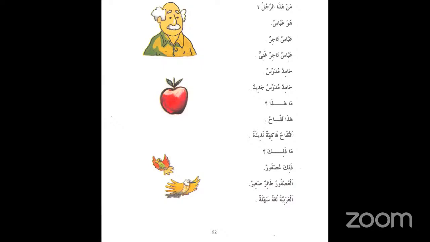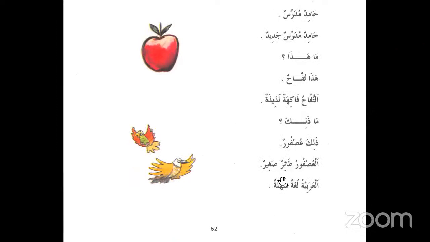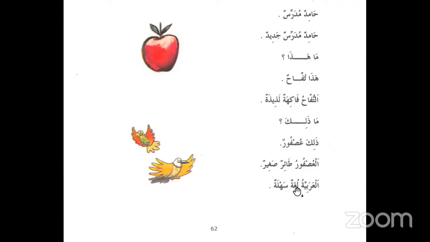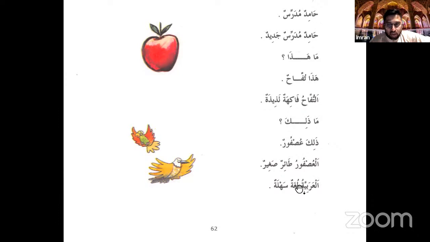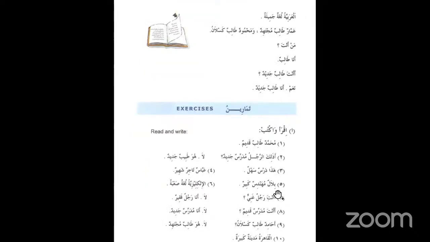The Arabic language is an easy language. So al-Arabiyyatu lughatun sahlatun. The word lughatun is feminine, sahlatun is feminine. Lughatun is coming with dhamma tanween, sahlatun is coming with dhamma tanween. Lughatun is singular, sahlatun is singular. Yes. Is this okay?